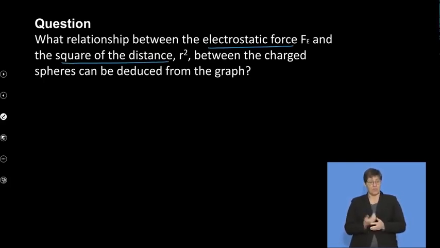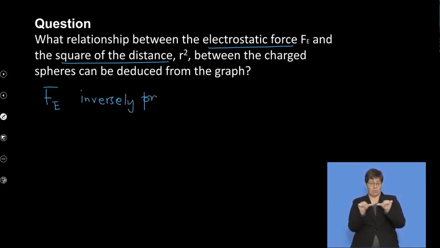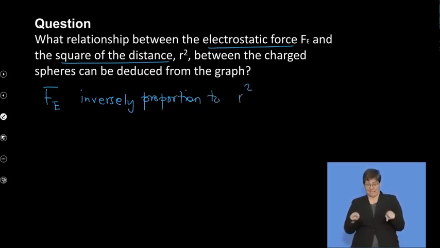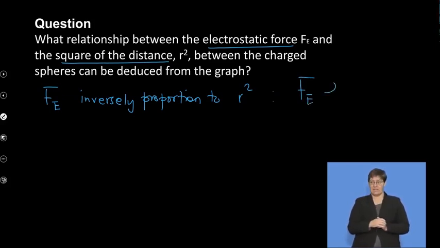So we know that electrostatic force, from Coulomb's law, is inversely proportional to the square of the distance between the charges. How do we represent this mathematically? We are saying electrostatic force is inversely proportional to the square of the distance.